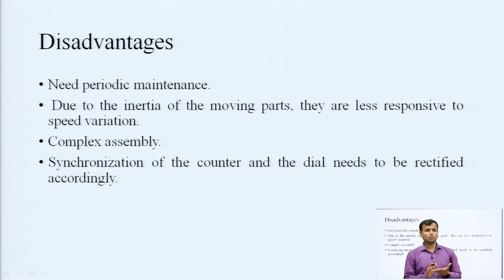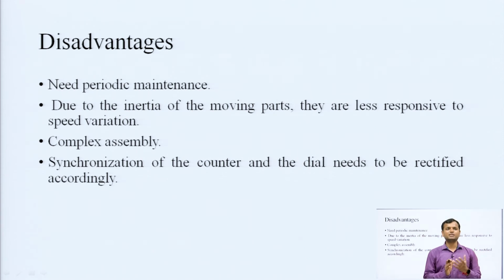So, it will not be used to measure very high speed, because lots of moving parts are there in the construction. Because of those moving parts, they are less responsive to speed variation, so it cannot be used to measure high speed rotation.